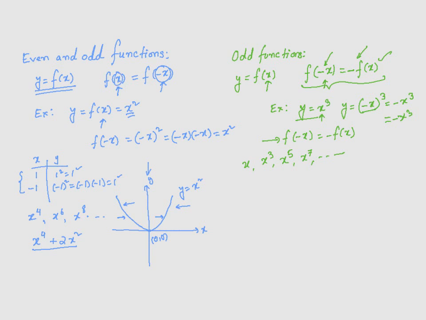It's unresponsive to positive x or negative x. That means if you move to the right or to the left by the same amount, the y value is going to be the same. So that's why it is symmetric about the y-axis.